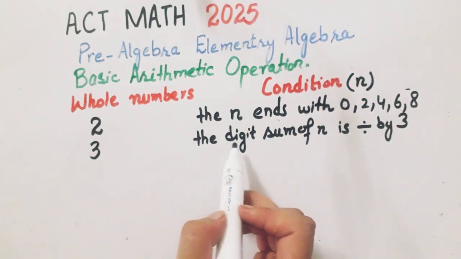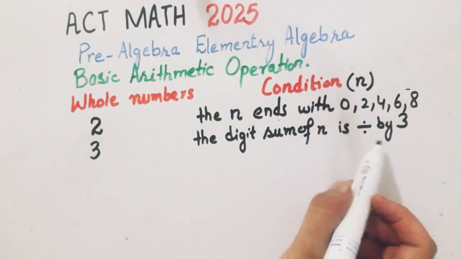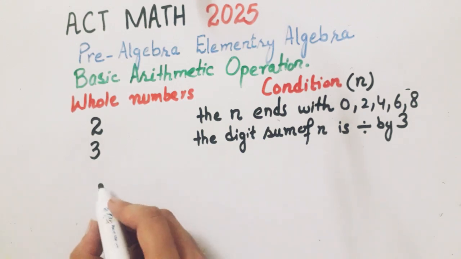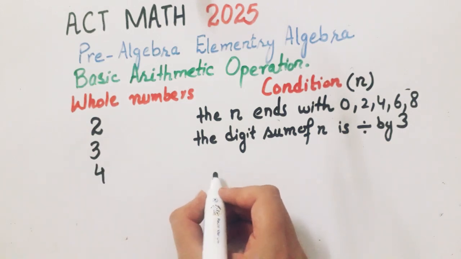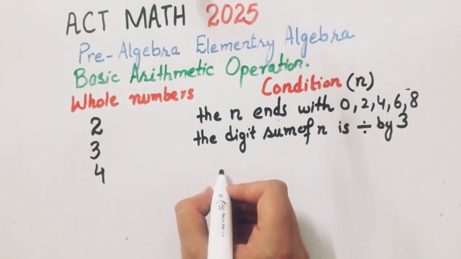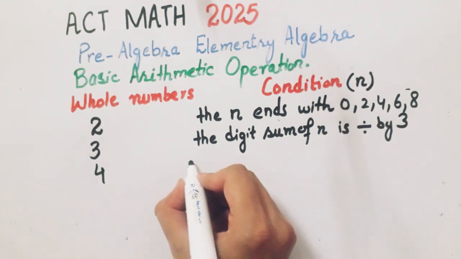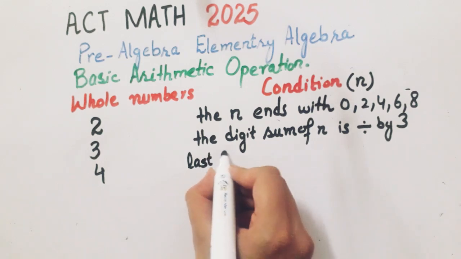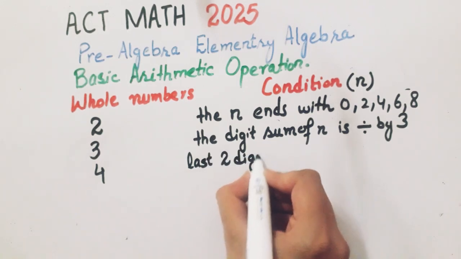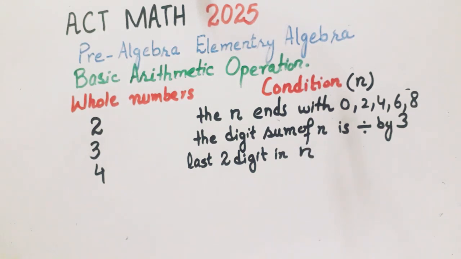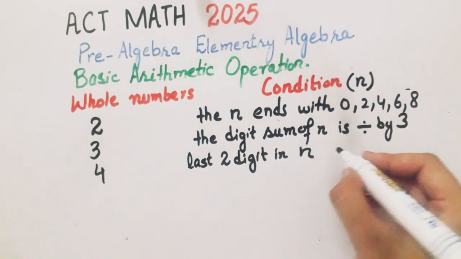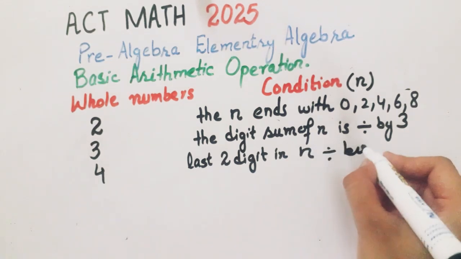We will add the digits, and if the sum is divisible by 3, that number will also be divisible by 3. And for 4, the condition is that the last two digits in n, taken as a number in and of itself, are divisible by 4.